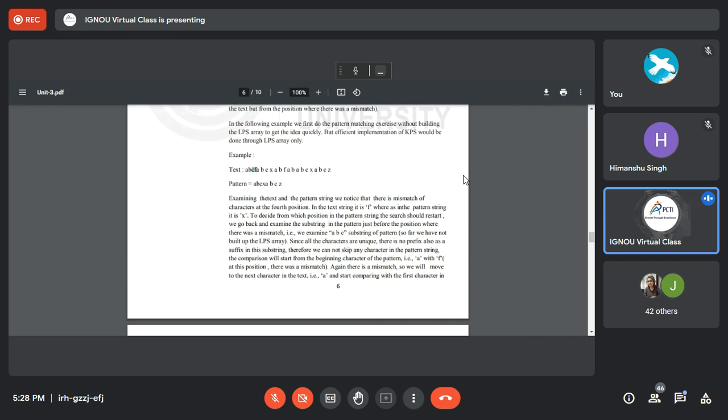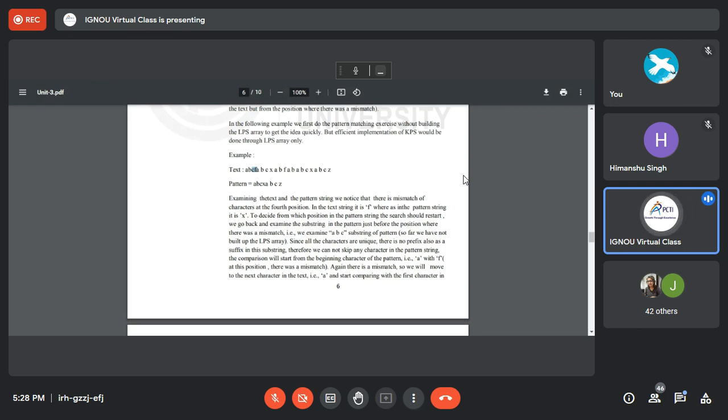To decide from which position in the pattern string the search should restart, we go back and examine the substring in the pattern just before the position where there was a mismatch.